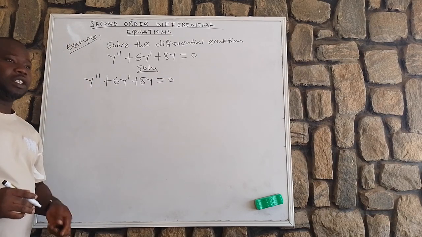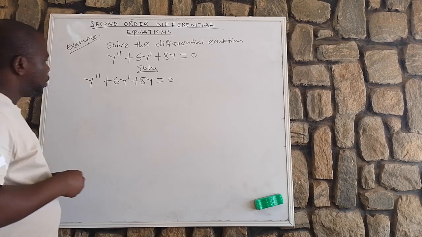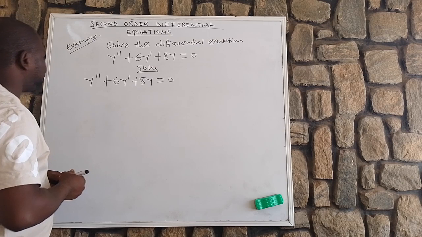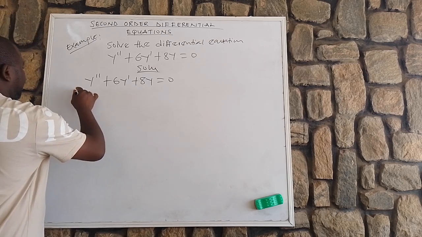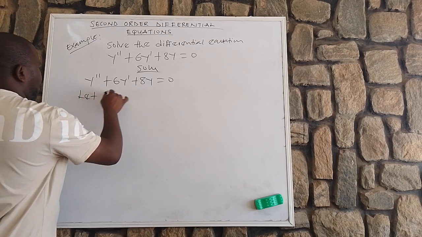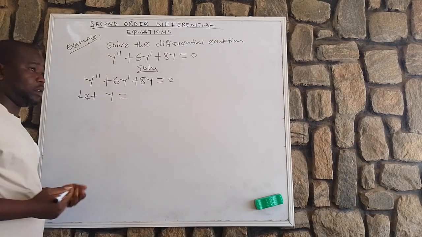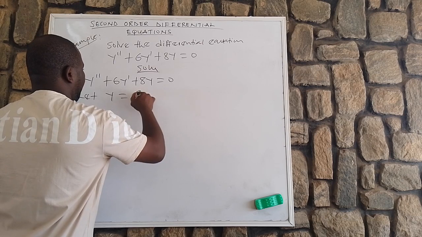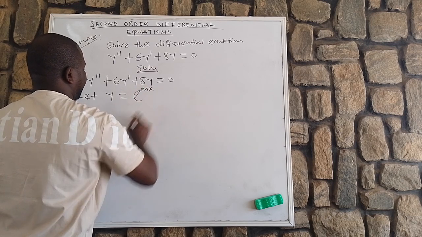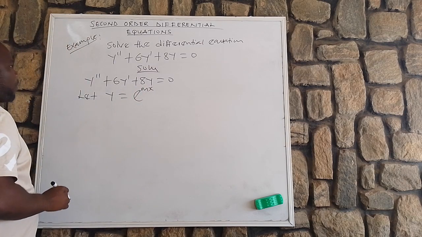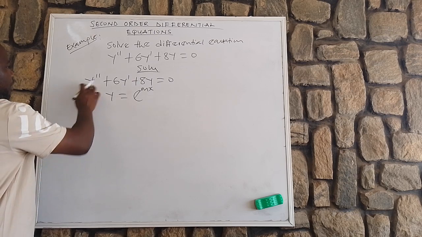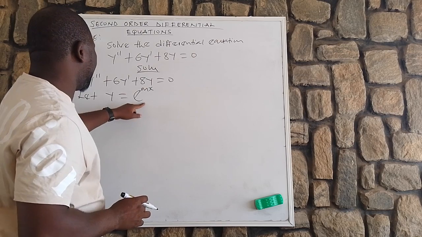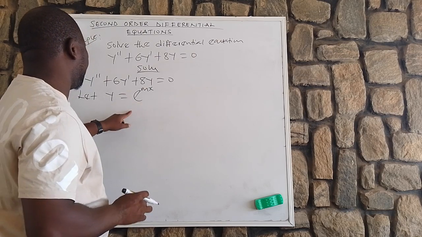When you come across differential equations of this form, to obtain the auxiliary equation, you let y be equal to e to the mx. So what we need to do here is differentiate this function.